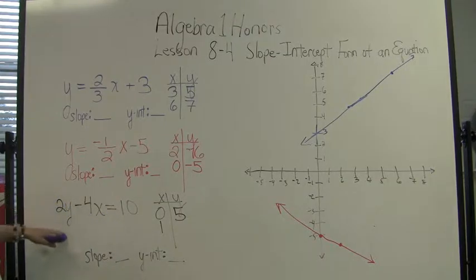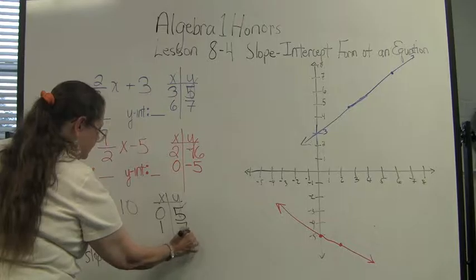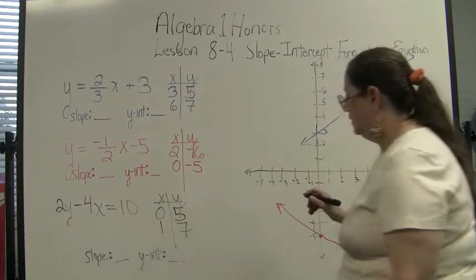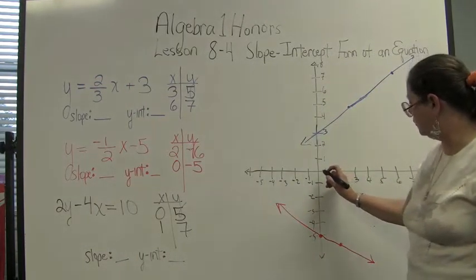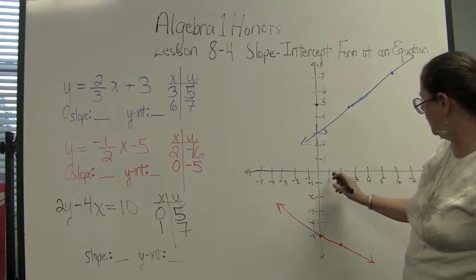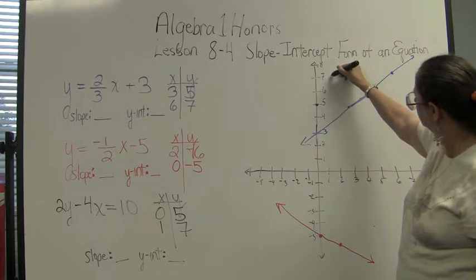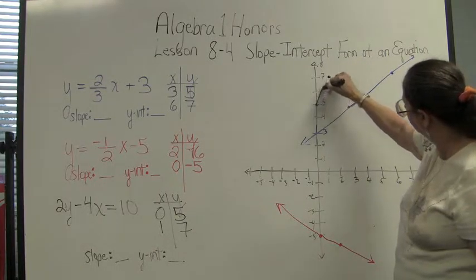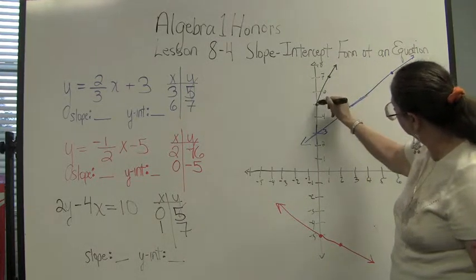So this has to be 14, or y has to be 7. There's my 2 points. Now I'm going to go over none and up 5. And then over 1 and up 7. There we go.